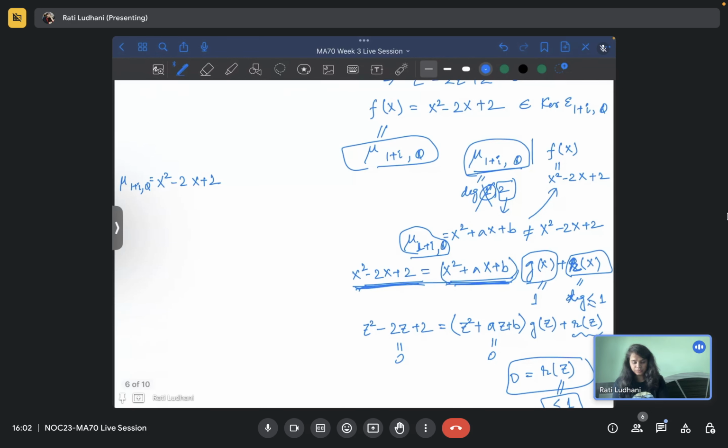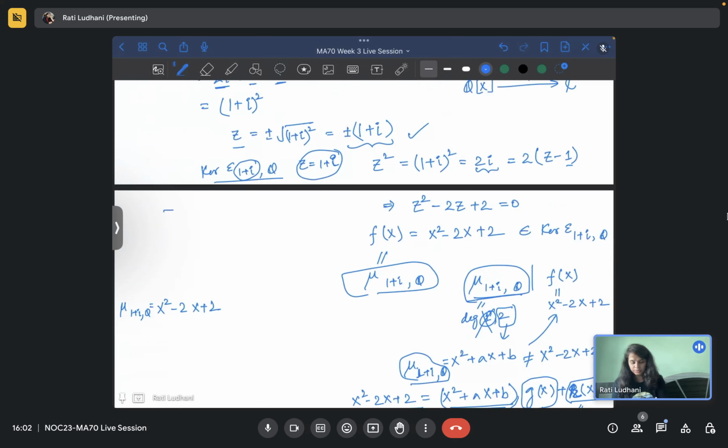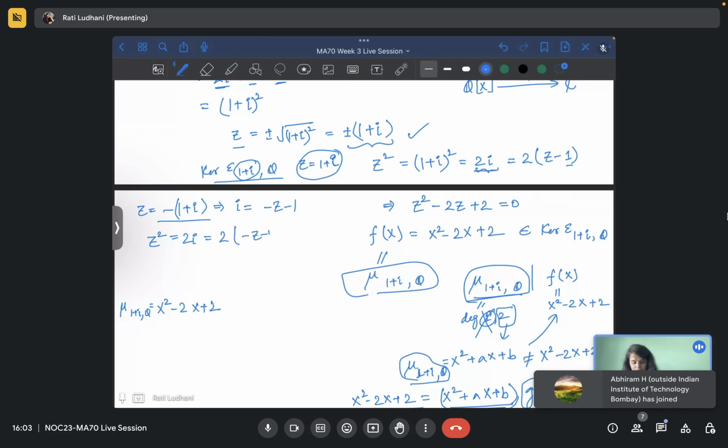Similarly, you can do the case of minus 1 plus i. When you take z equal to this, z square will be 2i, and you can write 2 in place of i. Now I is equal to minus z minus 1, so I'll get z square plus 2z plus 2. That will be my minimal polynomial.